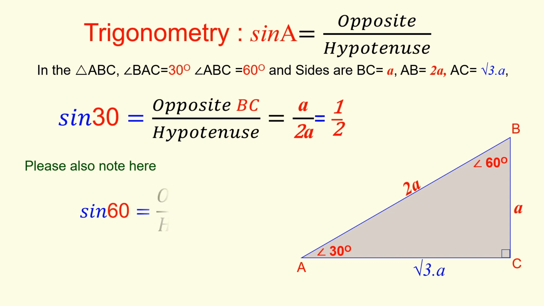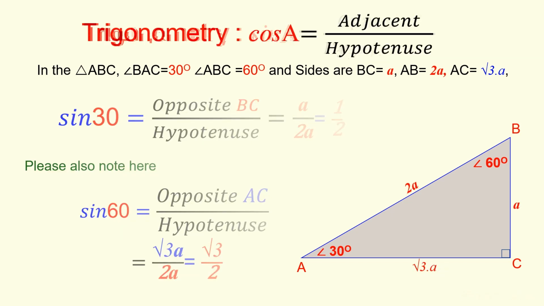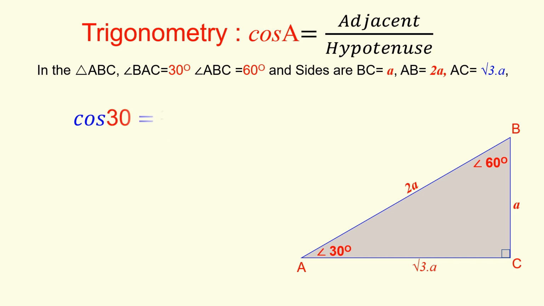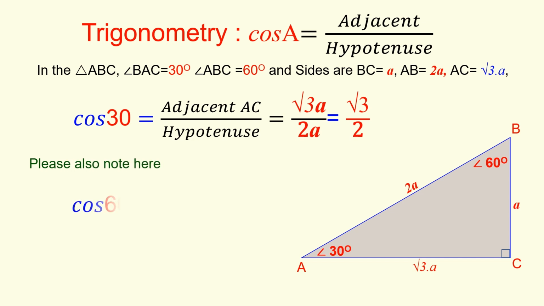Note here, sine of 30 degrees equals 1 by 2, and sine of 60 degrees equals under root 3 by 2. Also note, cos 30 degrees equals under root 3 by 2, and cos 60 degrees equals 1 by 2.